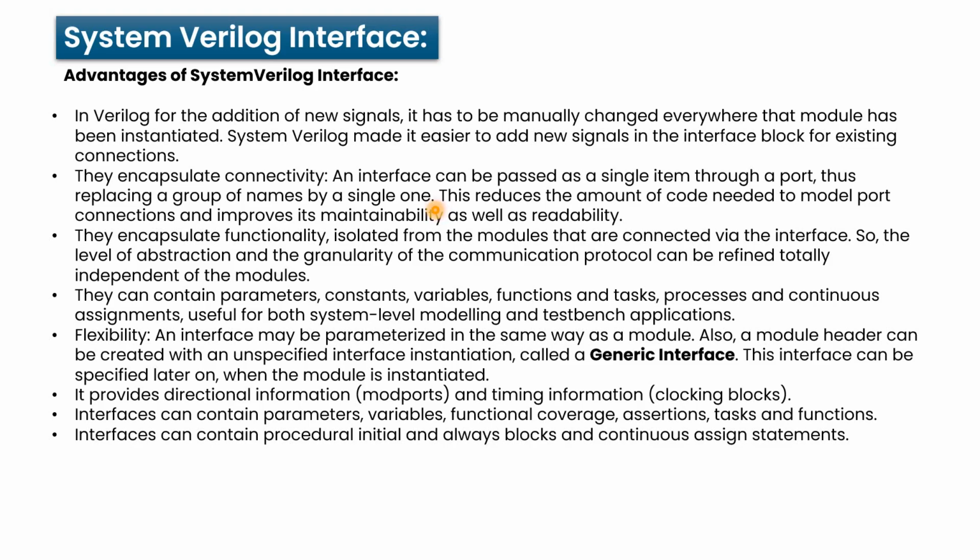We just have to use a single interface name instead of all the signals in the port list, right? They can contain parameters, constants, and variables, and an interface can also be parameterized. It also gives flexibility. An interface may be parameterized in the same way as a module.